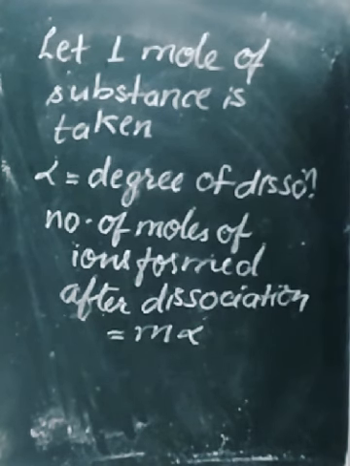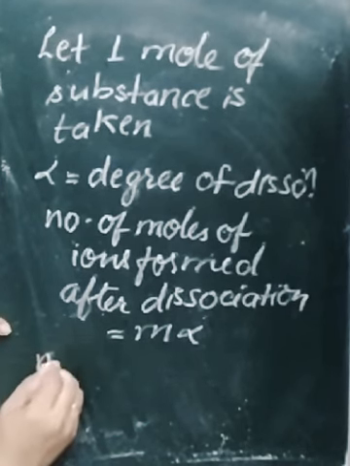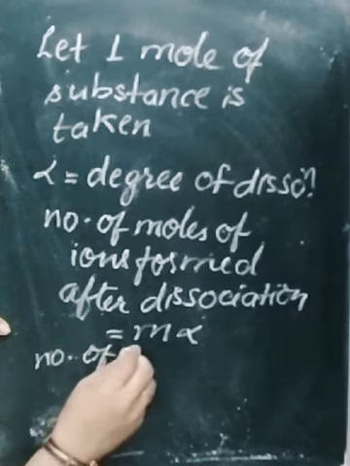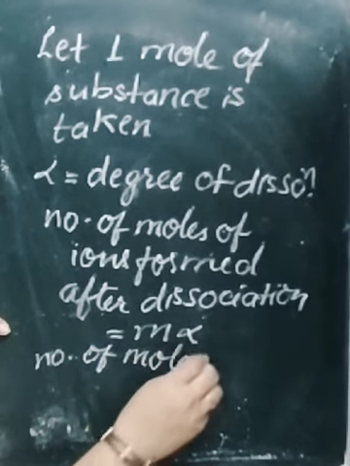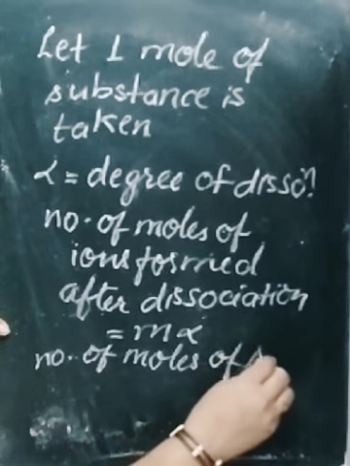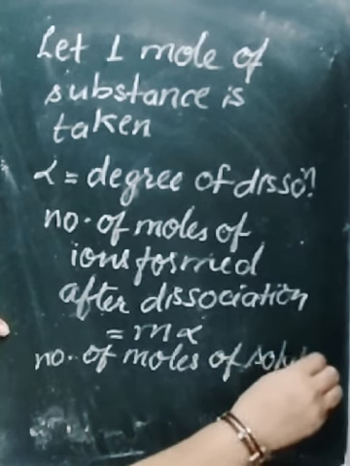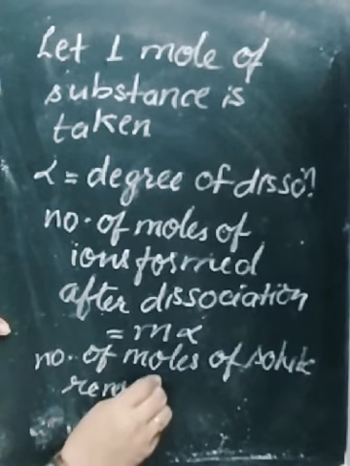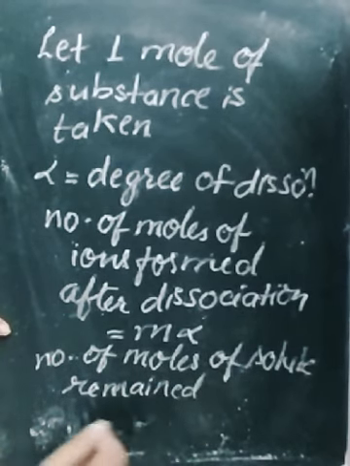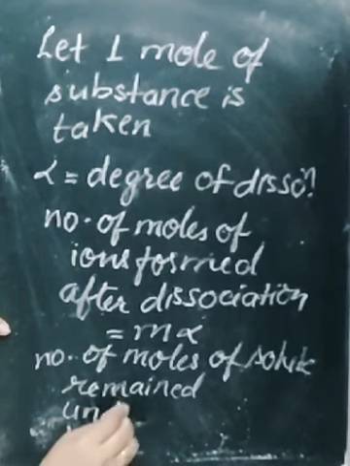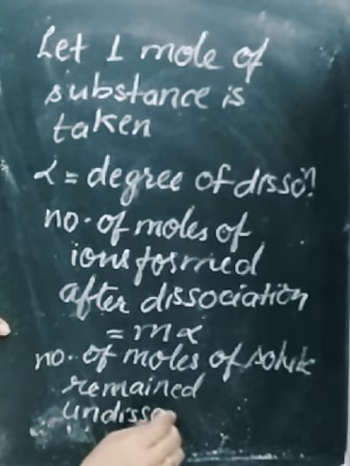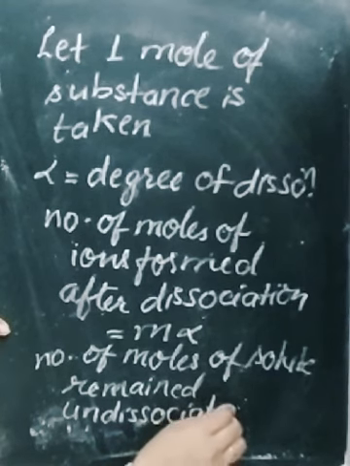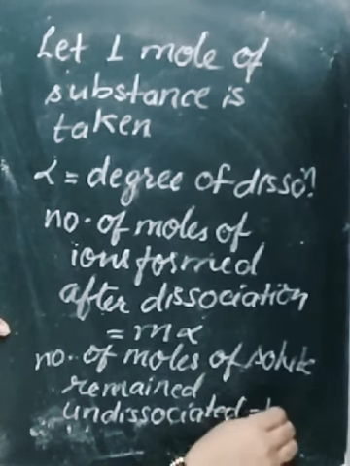Now the number of moles of solute which remain undissociated is equal to 1 minus alpha.